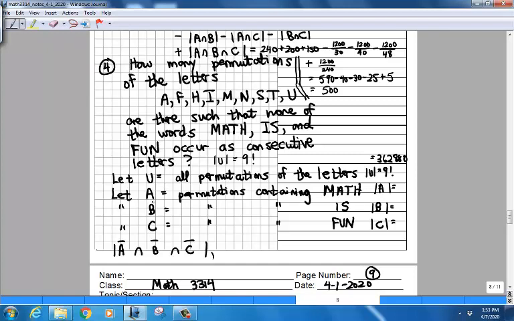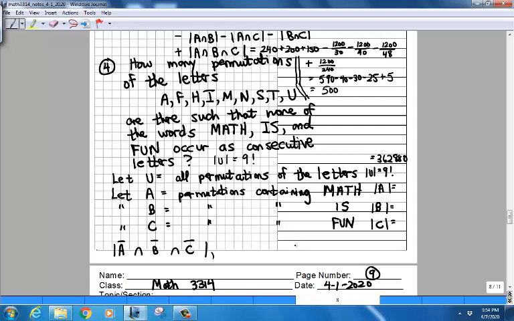I'm going to let A be permutations of these 9 letters that contain the word math, where you have M-A-T-H in that order all together in the permutation. Then my set B is going to be permutations that contain the word is, and C is going to be permutations of these 9 letters that contain the word fun, F-U-N, those 3 letters in sequence in the permutation.